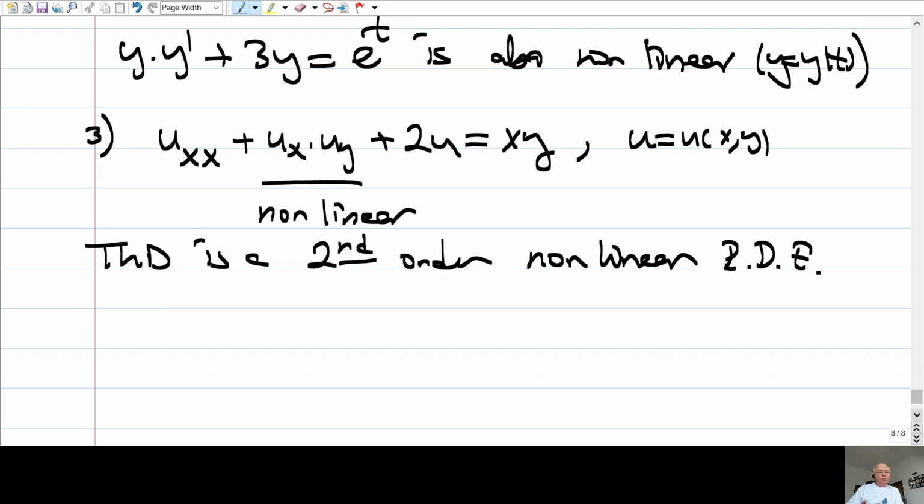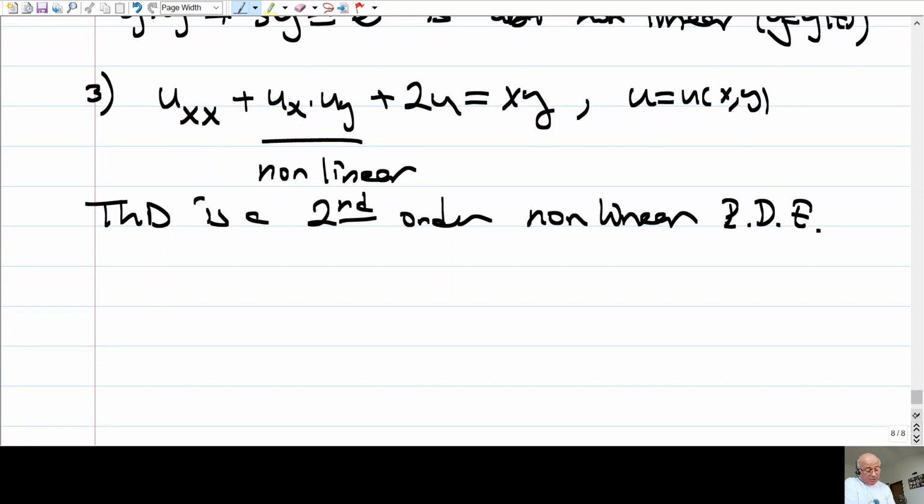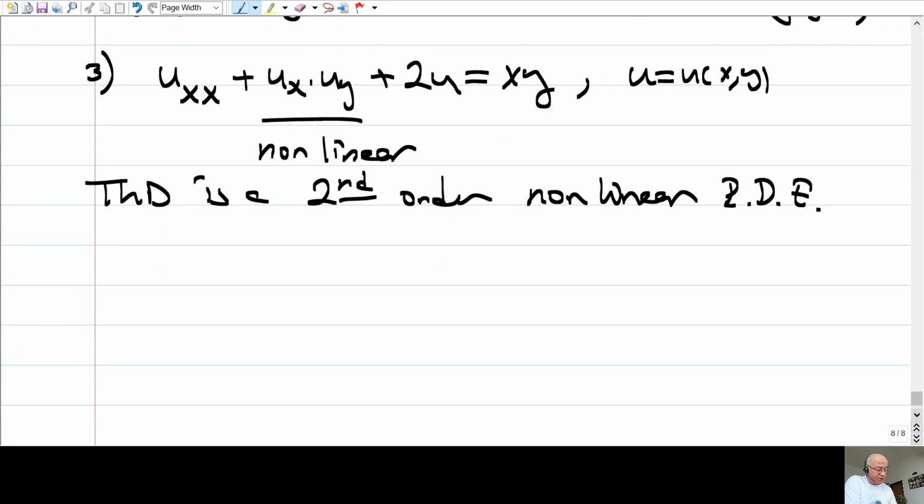For third and fourth degree polynomial equations, we have some formulas giving us the solutions. But if the degree of the polynomial equation is larger than or equal to 5, then we don't have even a formula for the roots of the polynomial. So nonlinear equations are very difficult. We don't have a nice theory.